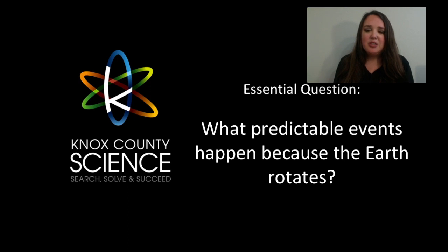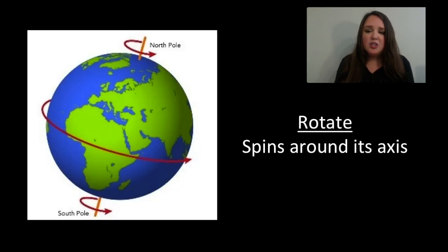So now that we understand what a predictable event is, we have to figure out what the rest of the question is asking. A predictable event is going to happen because the Earth rotates. So what does it mean for the Earth to rotate? Well, we talked about how rotate means to spin around its axis, that imaginary line that runs through the center of the Earth.